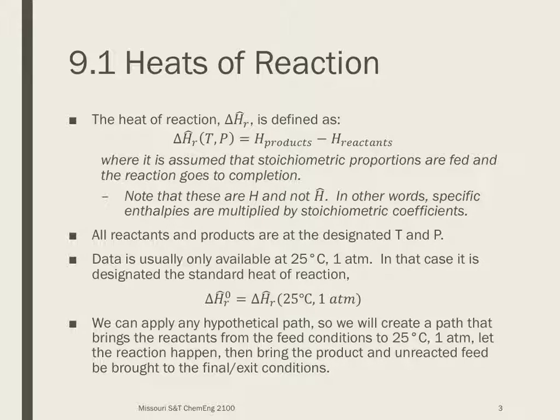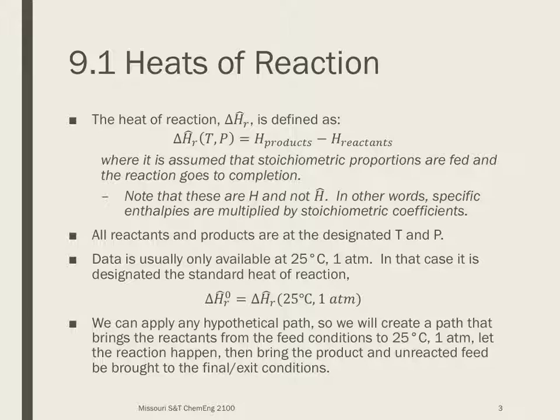Heat of reaction is going to, in general, be a function of temperature and pressure, and it's going to be the difference between the enthalpies of the products minus the reactants. Now, the little circumflex on the top of the H indicates it's typically going to be on a per mole basis. That's going to be per mole of reaction.